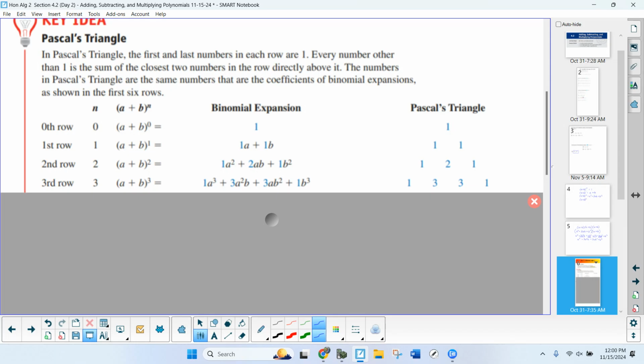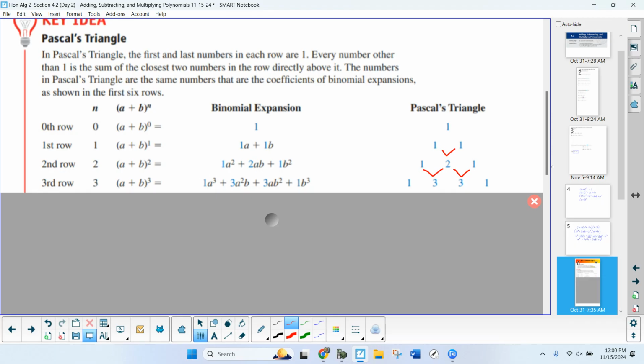These are following a really neat phenomenon called Pascal's triangle. Pascal's triangle starts with 1 on the top, then has 1s down the diagonals, and then the way you get to the middle number, you add these to get 2. And then you add these to get 3. So how would I get the next row?